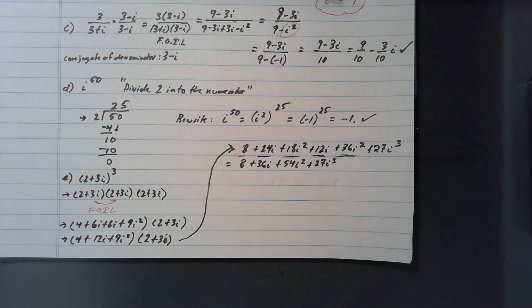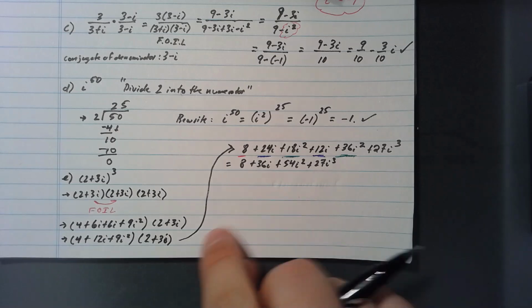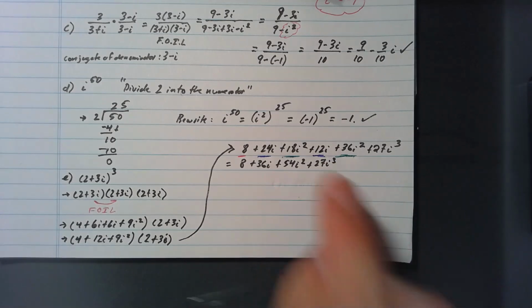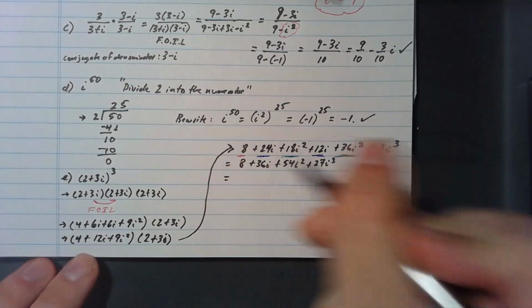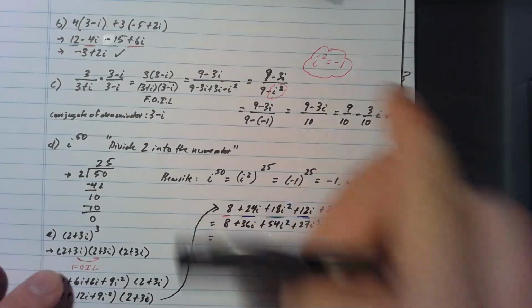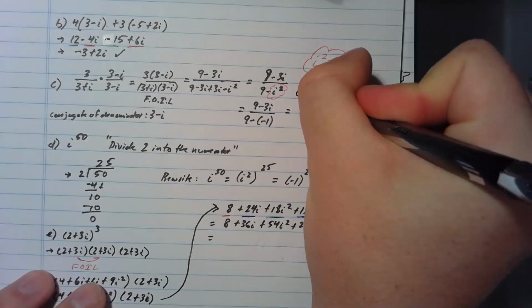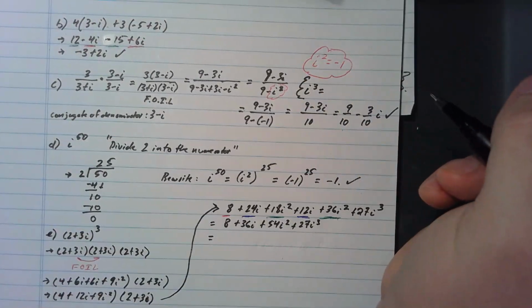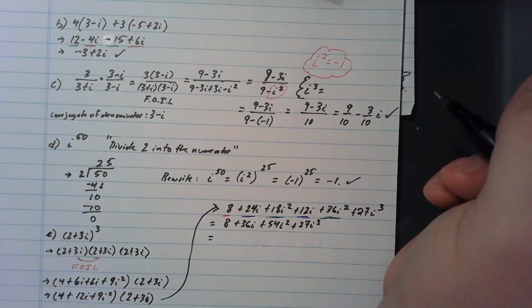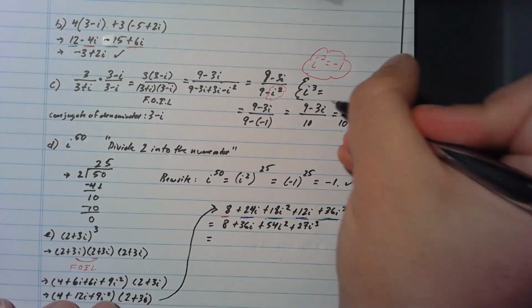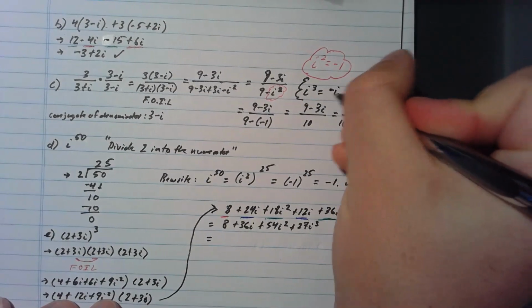Now that I did all this, I could replace, so remember, i squared is -1, but what's i cubed equal to? Remember in your notes, i cubed is actually equal to -i.